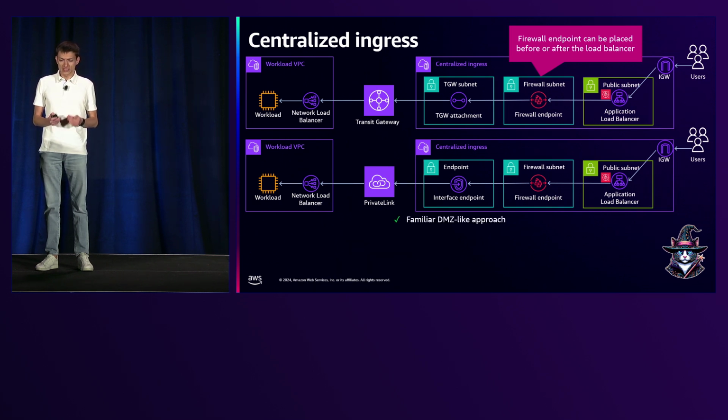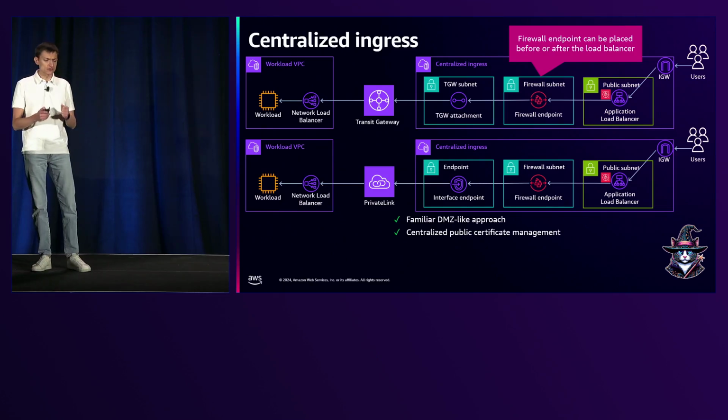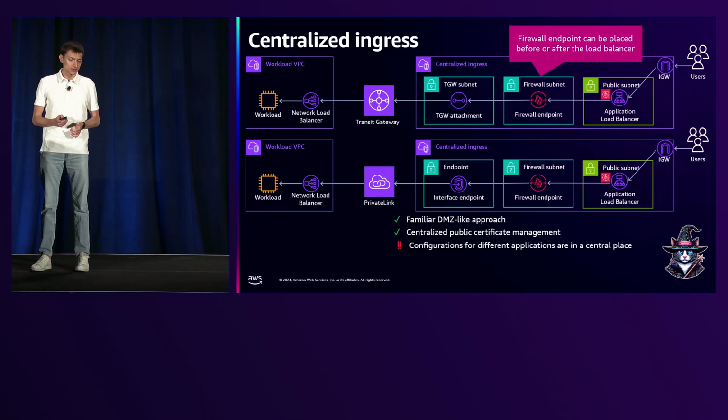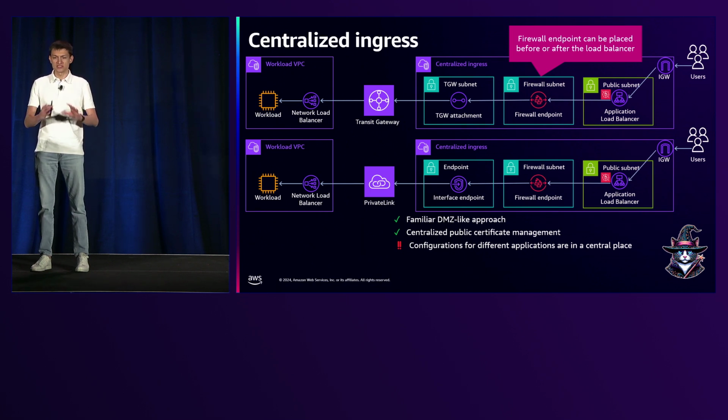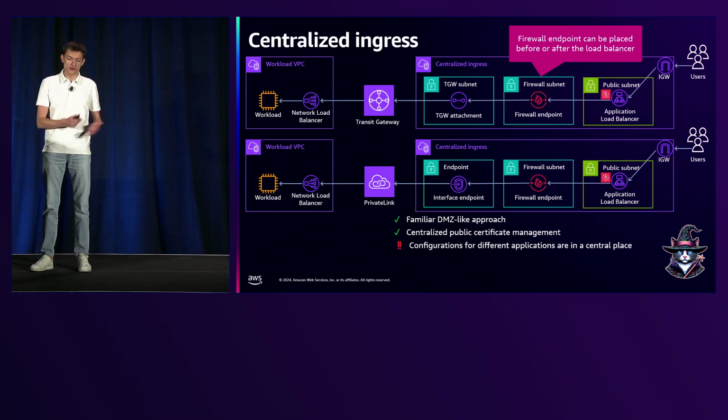So many customers like it because it's similar to how things have been done on premises. It's a DMZ-like approach. You'll have also centralized public certificate management in a single account. But there are a lot of drawbacks. So first, you have your different applications with different needs, but all of your applications will be in this central place, which doesn't really make sense because they are different for different applications.